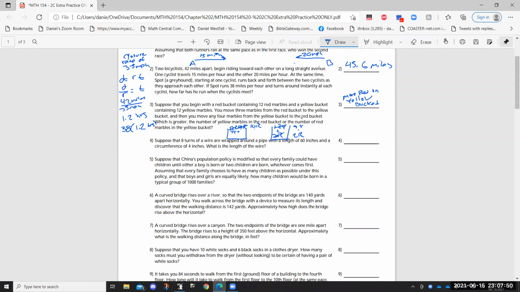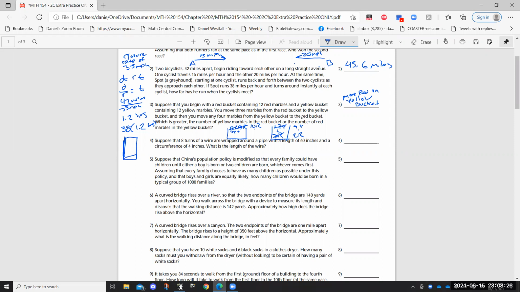All right, turns of wire wrapped around the pipe. So they're going to show this to you and say, all right, you've got something cylindrical. The easiest way for you to do this problem is to actually think of cutting the pipe open into a rectangle, and each of the turns of wire, it's got 8 turns of wire, so every 1/8 of the length here.